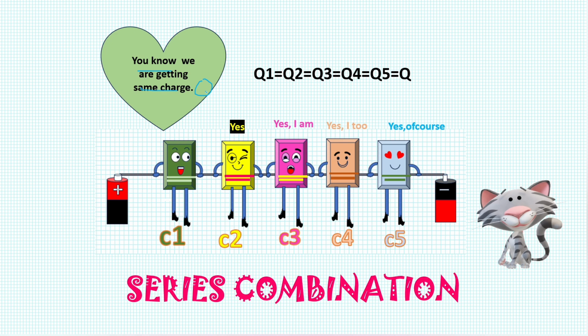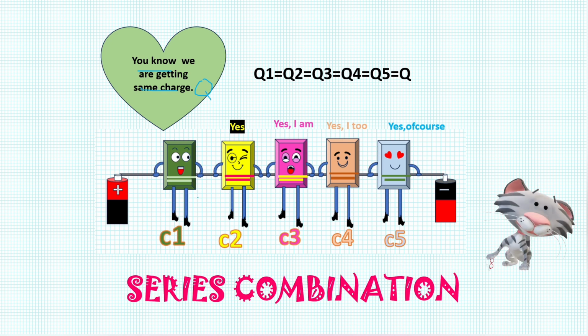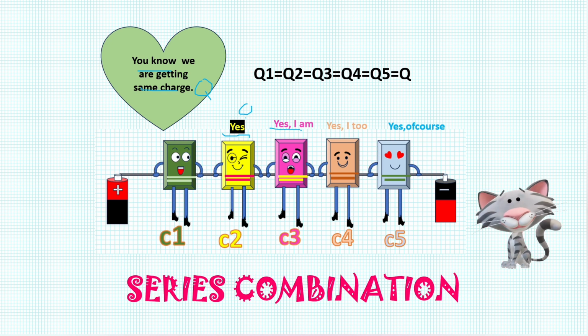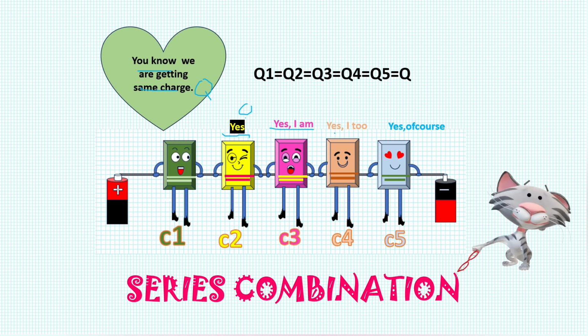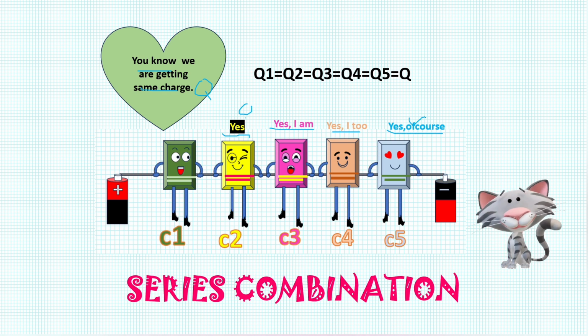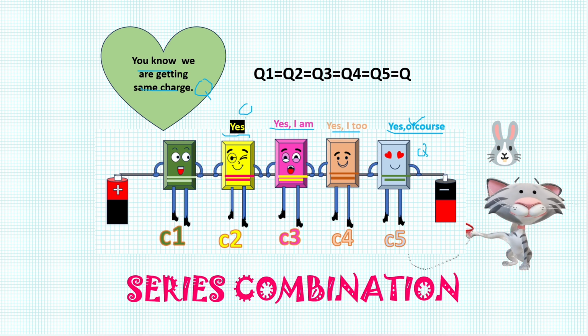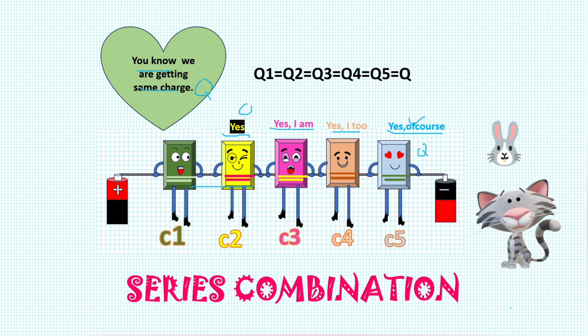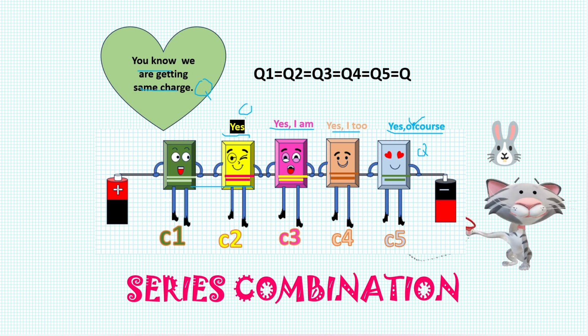Yes, me also getting the same charge. Yes, I am also receiving the same charge. Of course, I am too getting a similar charge. Awesome, it means you all are in a single path. The current is the same and charge is evenly distributed across you.